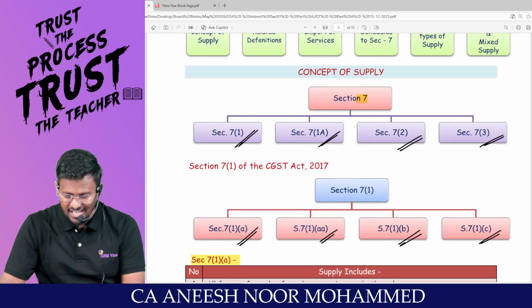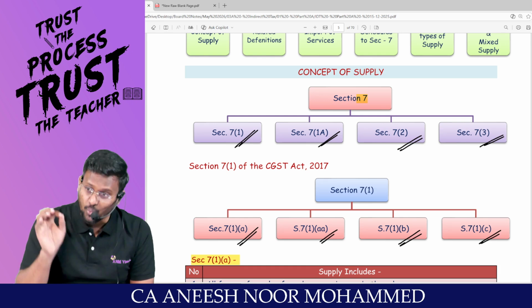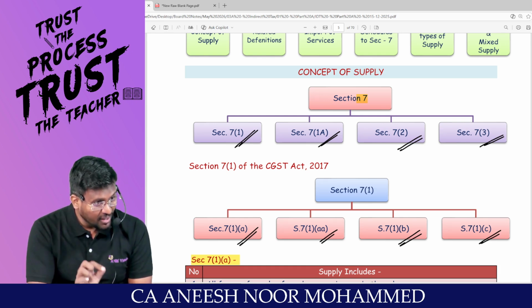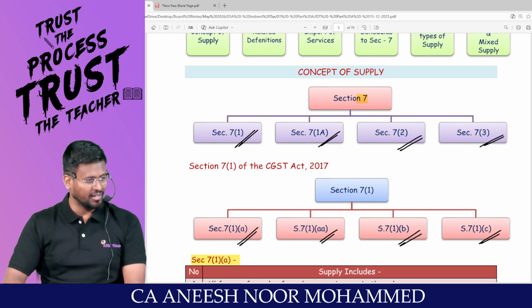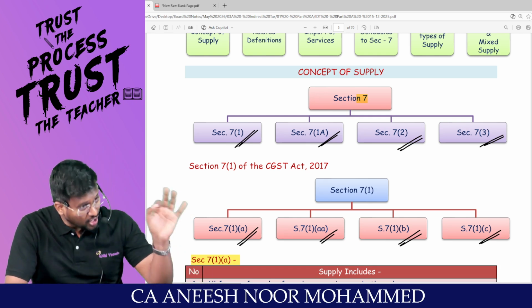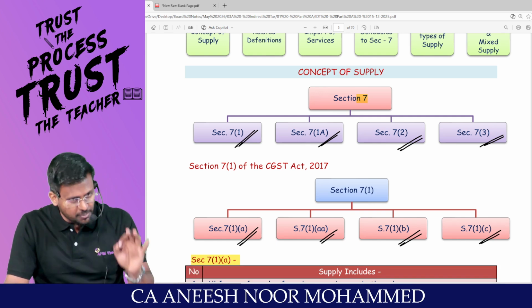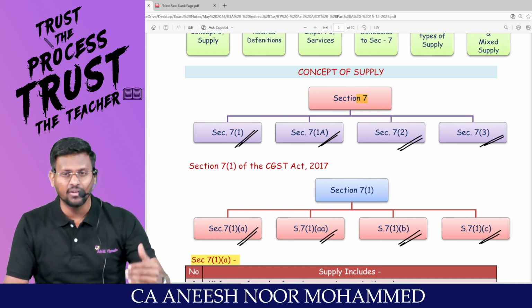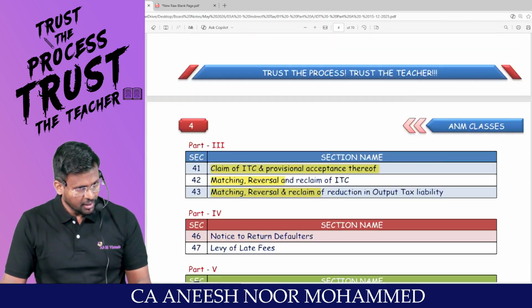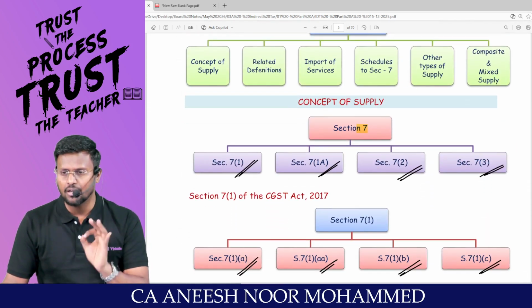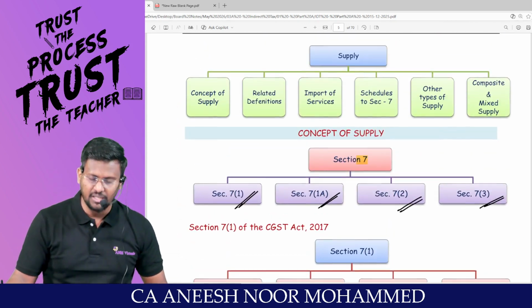Section 7, supply, is classified into 4 categories: 7(1), 7(1A), 7(2), 7(3). 7(1) is again classified into 4 categories: 7(1)(a), 7(1)(aa), 7(1)(b), 7(1)(c). I will give a pakka analysis of each and every section. It is well drafted material for you. This will help you, my dear lovable students, to understand what the subject is all about.